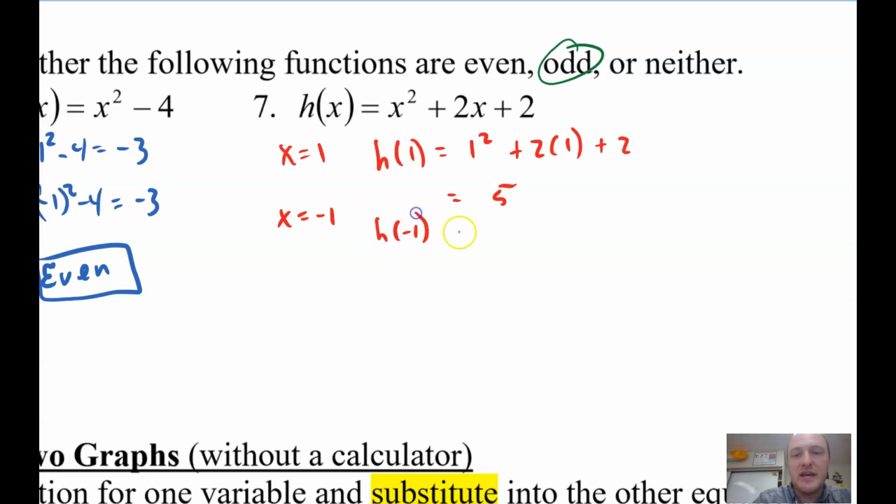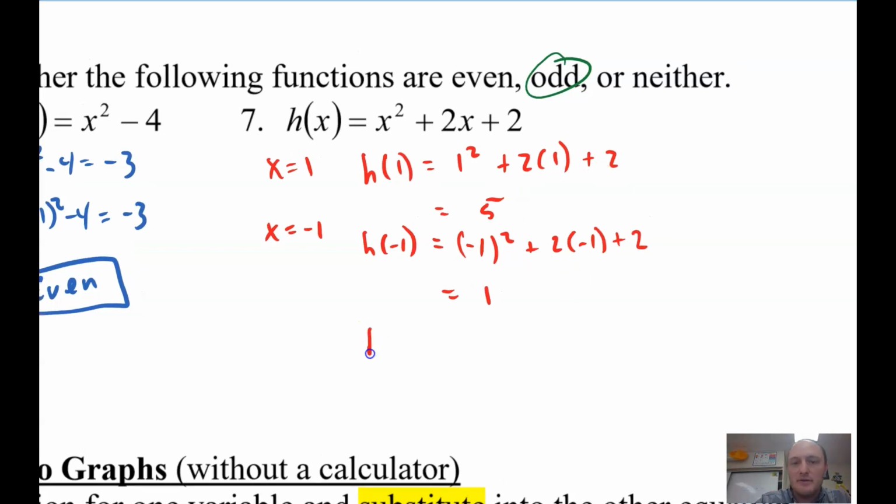So h of negative 1 becomes negative 1 squared plus 2 times negative 1 plus 2, and this is just 1. In this case, notice how we have 5 and 1. So this is neither. It's not the opposite, and it's not the same. So this function is neither even nor odd.